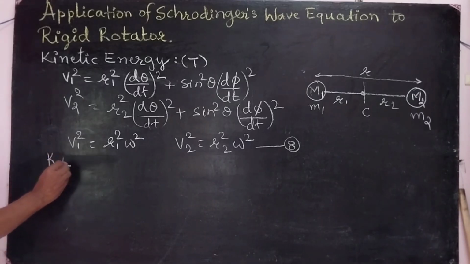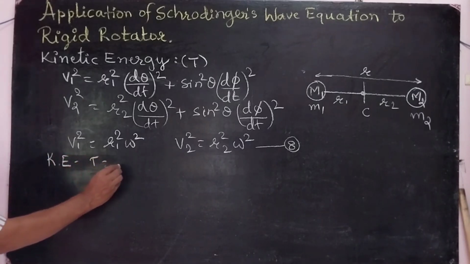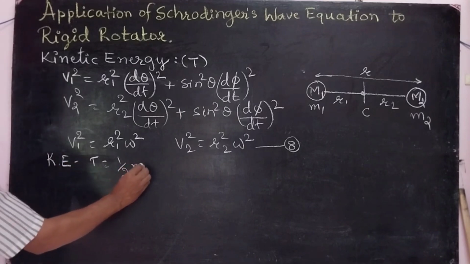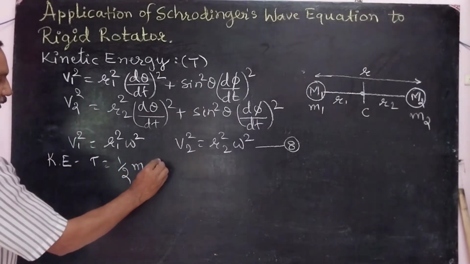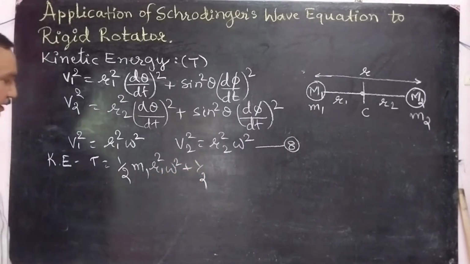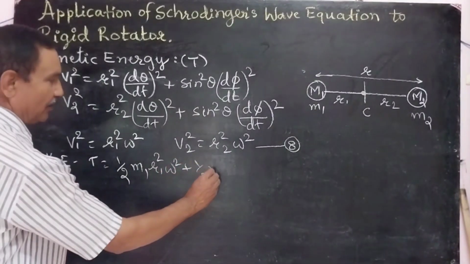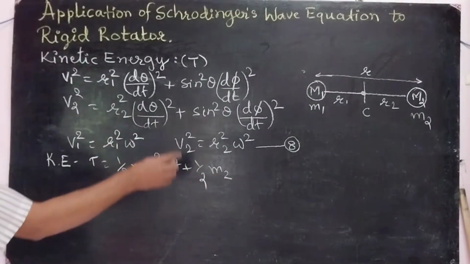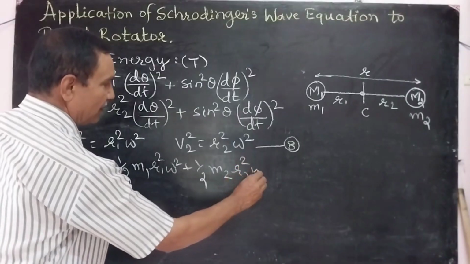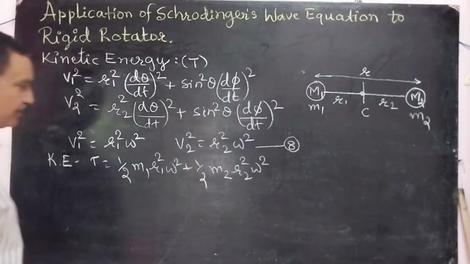Thus the kinetic energy T equals 1 by 2 m1 v1 square, that is m1 r1 square omega square, plus 1 by 2 m2 v2 square, that is m2 r2 square omega square.